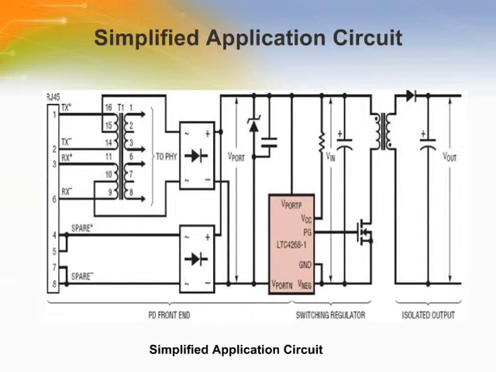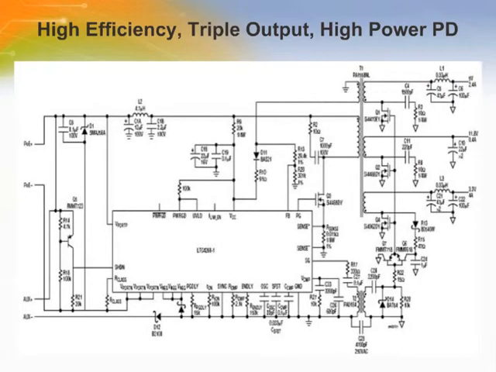The LTC4268-1 threshold points support the use of either traditional or Schottky diode bridges. This slide shows a design using the LTC4268-1 in a high-power triple output powered device. A high-power sourcing equipment connects through an Ethernet cable to the RJ45 connector.